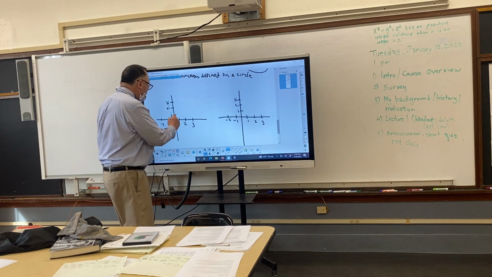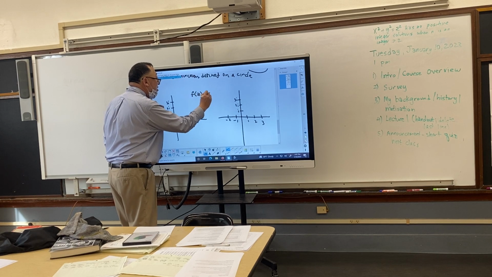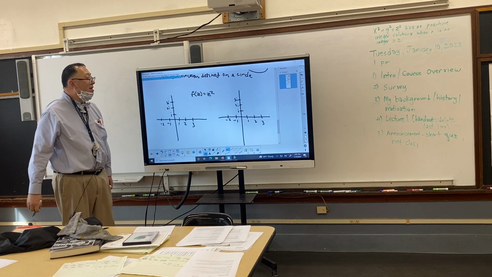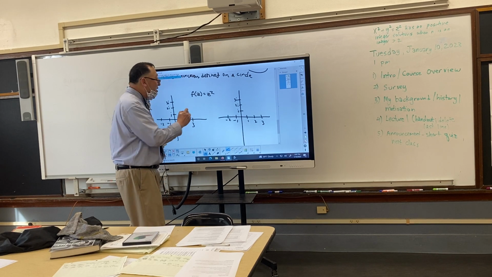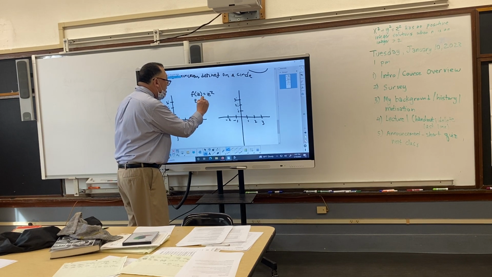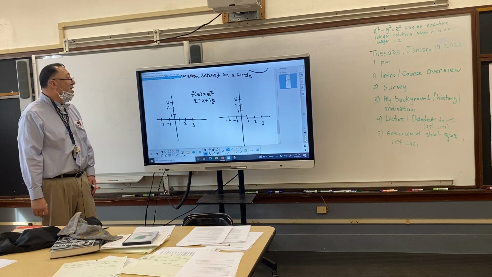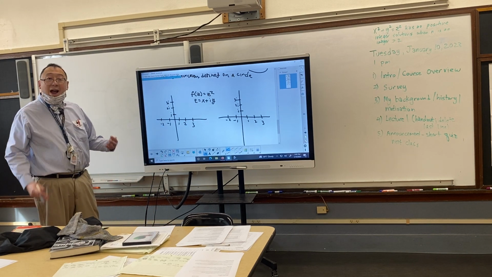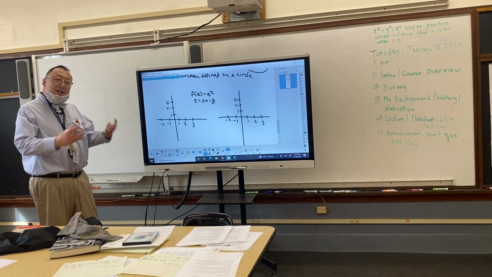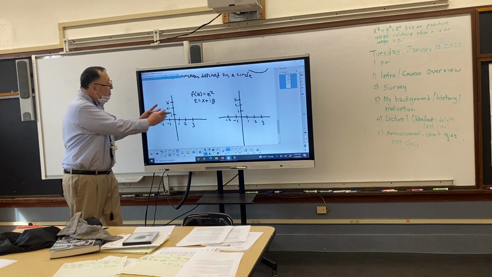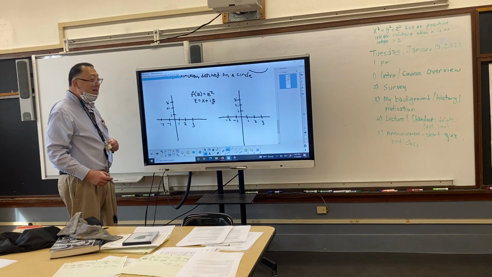Let's look at f of z is equal to z squared. z is typically used as a variable for a complex number, so we have z is equal to x plus iy. That's just by convention. So if someone says, graphically show me what happens with f of z equals z squared, I can't show it in 2 dimensions because it's 2 dimensions already here, this complex plane. So I have to map from the complex plane to the complex plane.